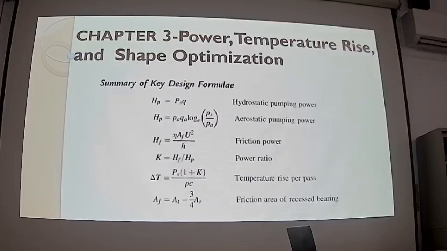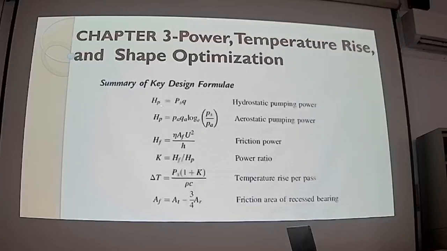Okay. And this is also the estimation for calculating the friction power. You need to have the bearing area to calculate the friction. So in this case, you have the friction power.